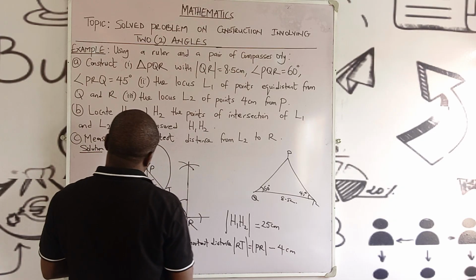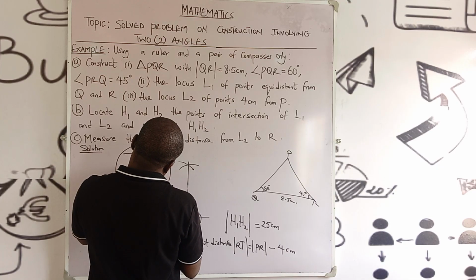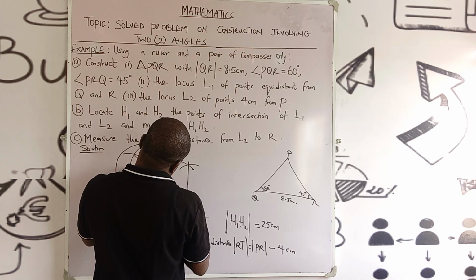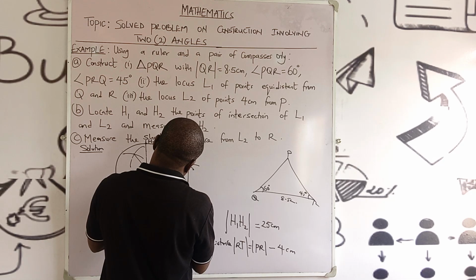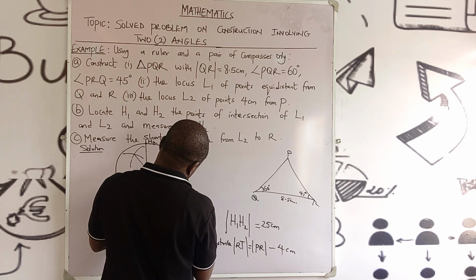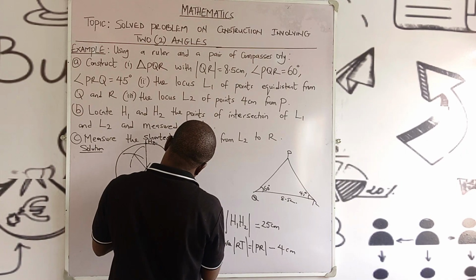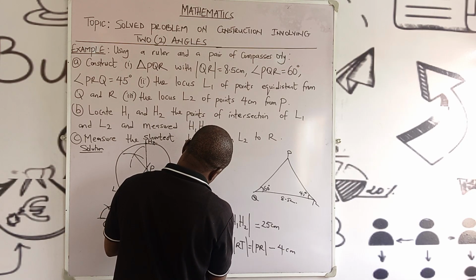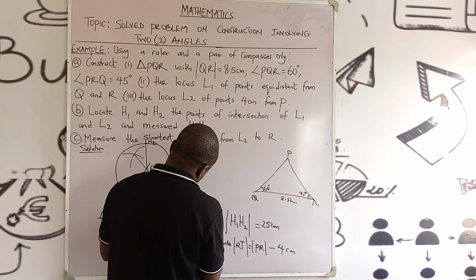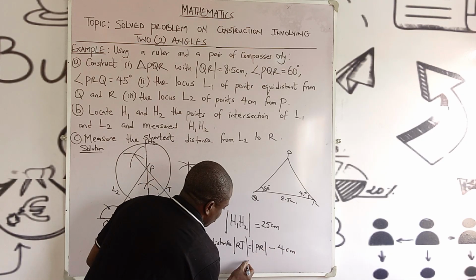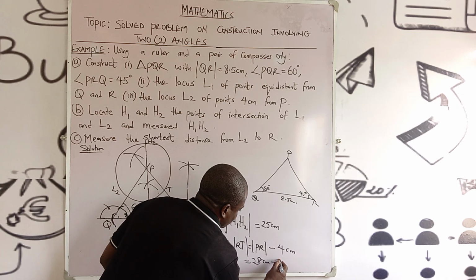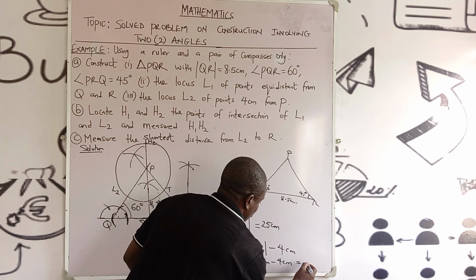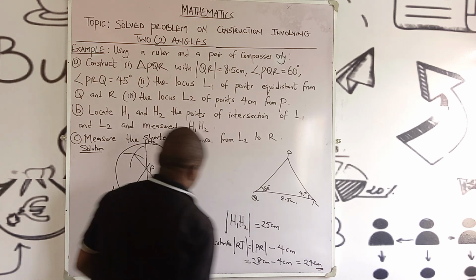Now let's measure PR. PR here, in my own case, we're having 10, 20, 10, 20, that's 28. So 28 centimeter minus 4 centimeter equals 24 centimeter.